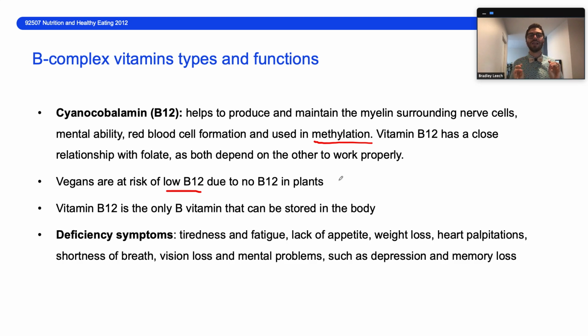That's because the myelin sheaths are compromised because there's not enough B12 within the diet. You may also experience tiredness and fatigue due to the requirement of B12 in the production of red blood cells. Loss of appetite and memory issues can be a result of B12 deficiency.